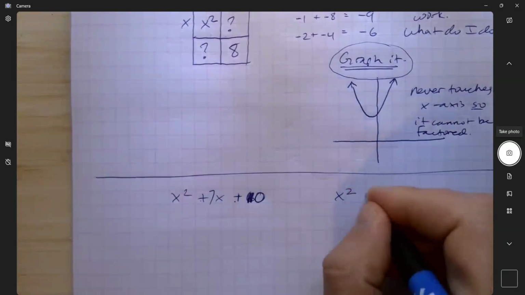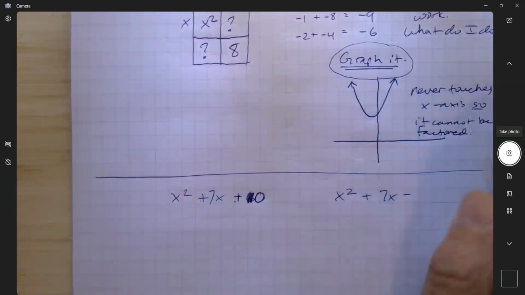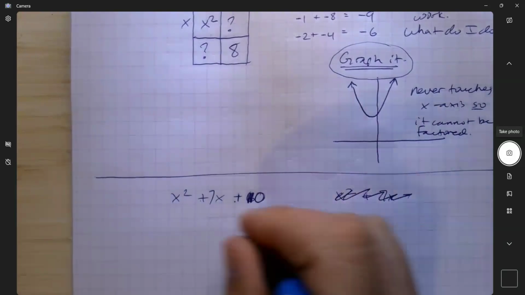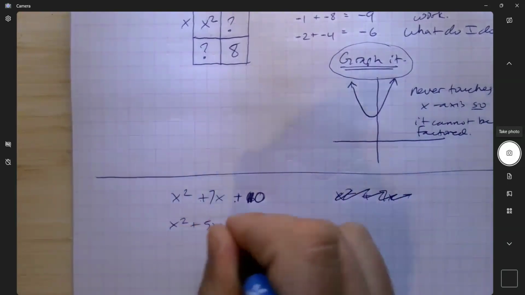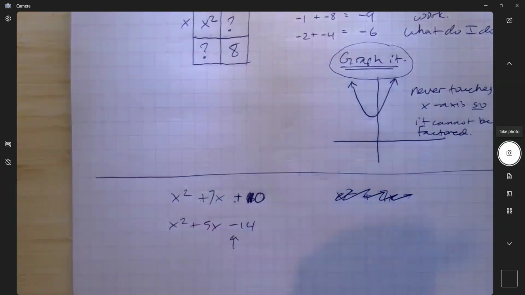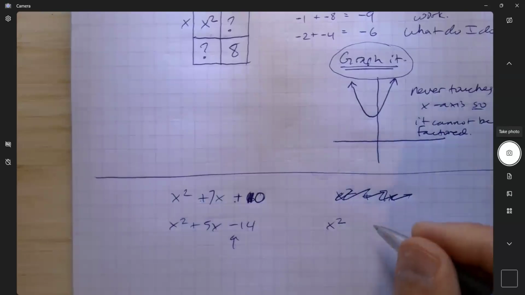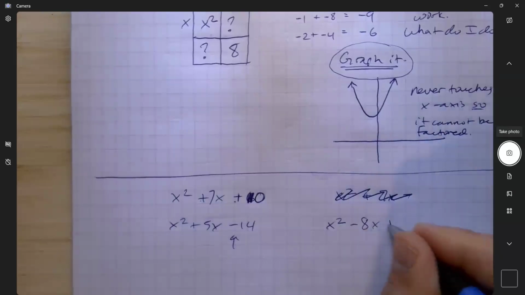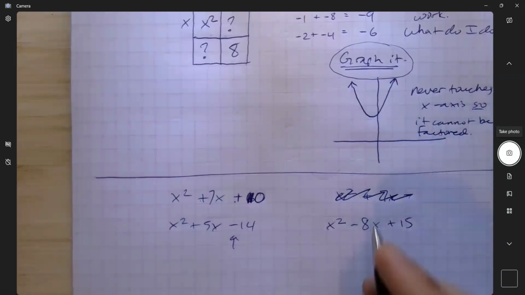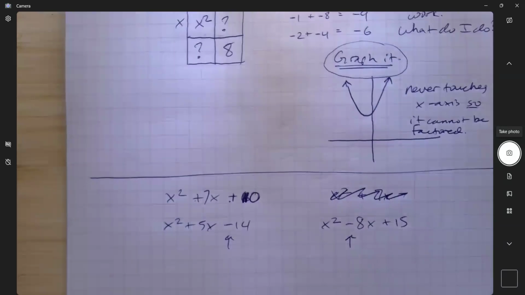And then we had x squared plus 5x minus 14, where that one was negative. We had an x squared minus 8x plus 15, where that one was negative. We could have them where they're both negative.